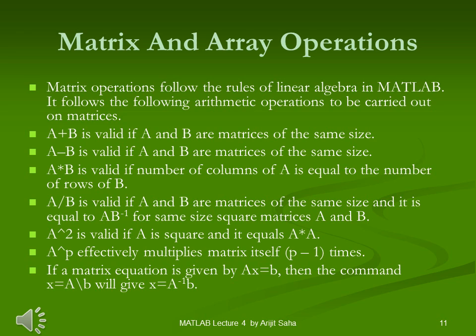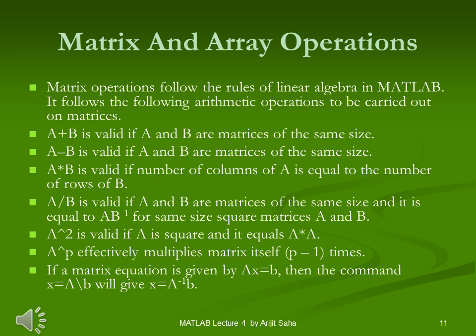A multiplied by B is valid if the number of columns of A is equal to the number of rows of B. A divide B, similarly, is valid only when the corresponding dimensions are compatible. A to the power 2, that means A square, is valid if A is square, and it equals A into A. A to the power P effectively multiplies the matrix by itself P minus 1 times.